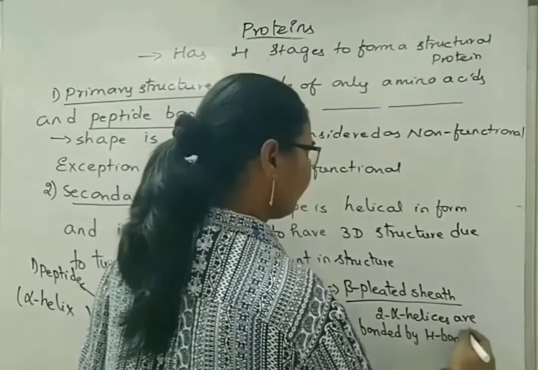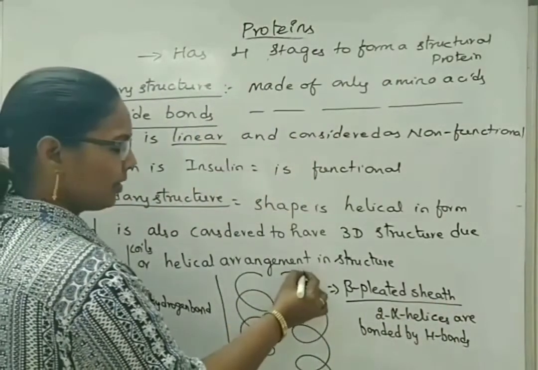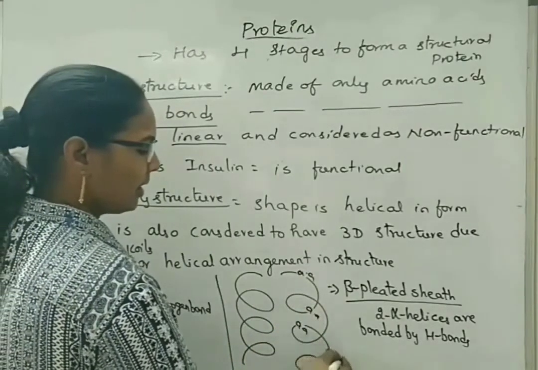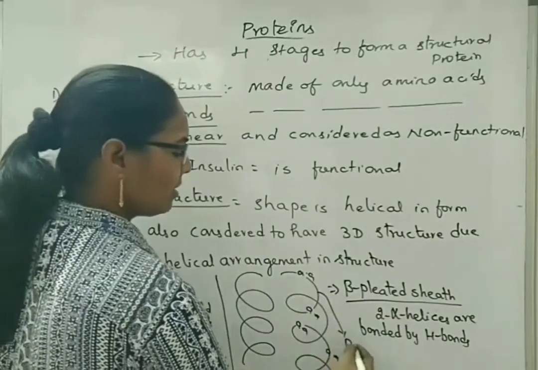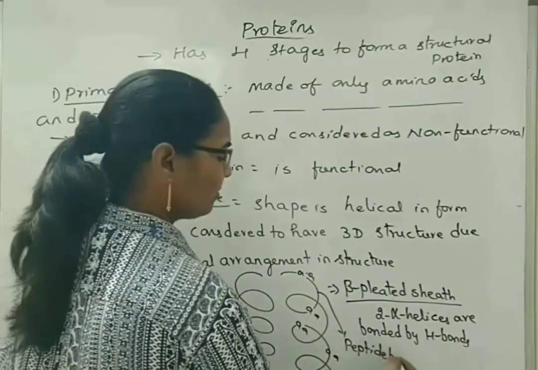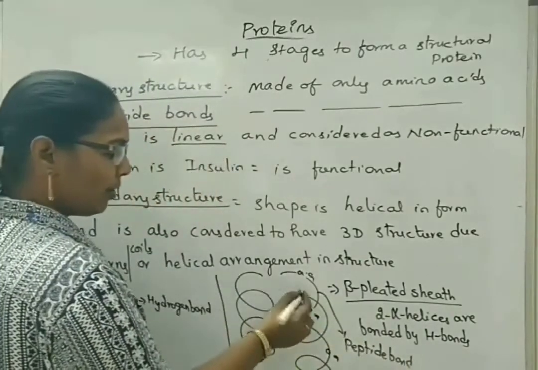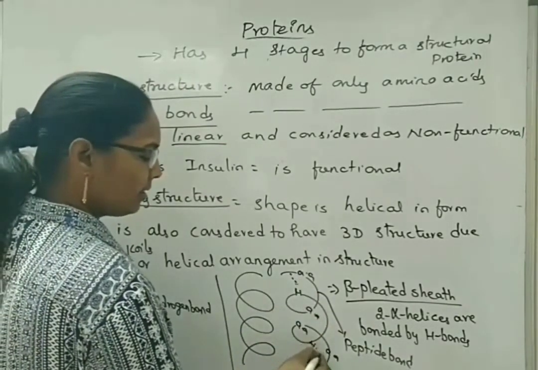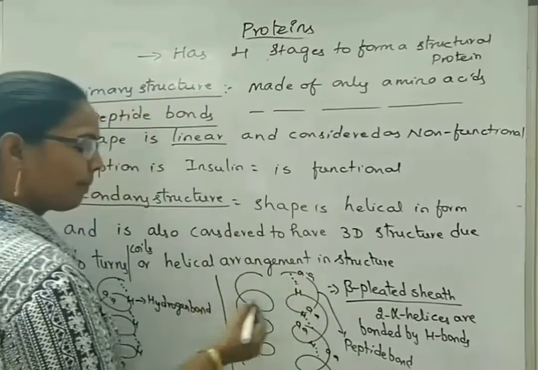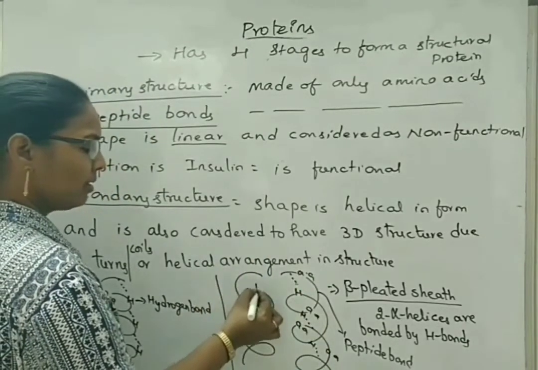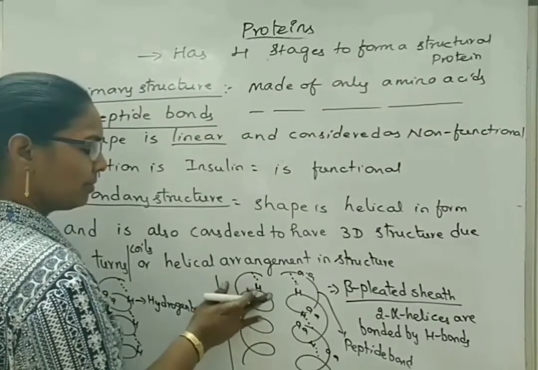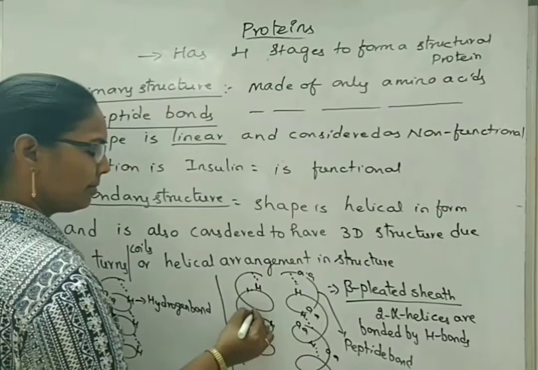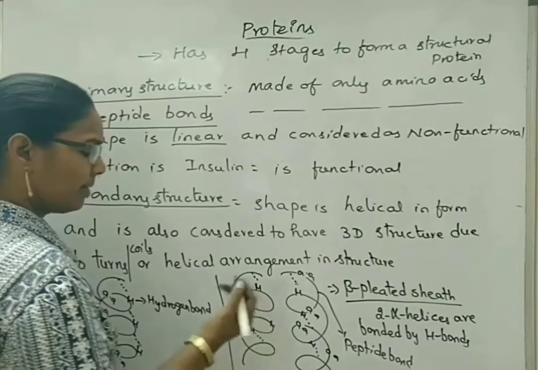How? Take an amino acid, another amino acid, another, and another. This we can call the peptide bond. And among the turns we also have hydrogen bonds already existing like this.